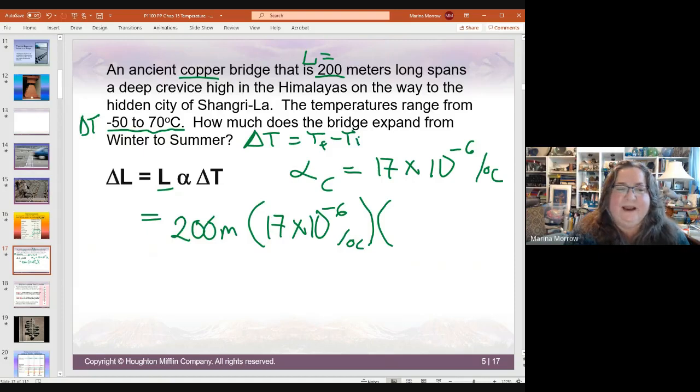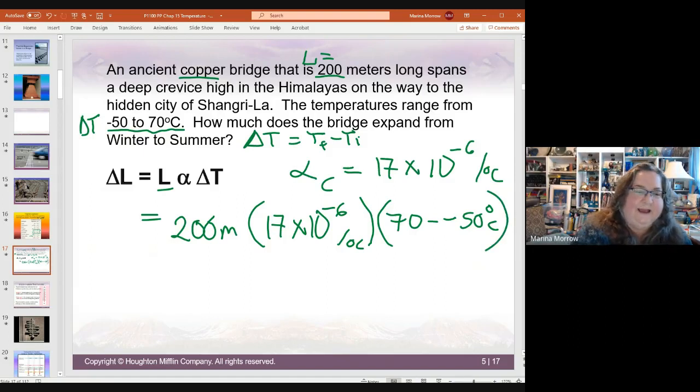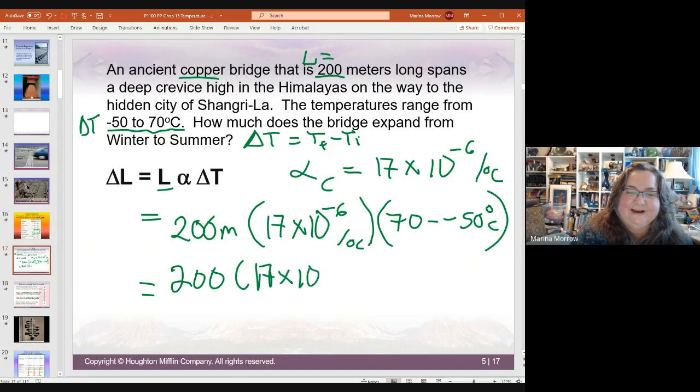So I'm going to put it in here as T final is 70 degrees minus the -50 degrees. Okay, so then that's going to give me 200 times 17 times 10 to the -6 times 70 minus a -50. That adds them together to make 120 degrees temperature range.